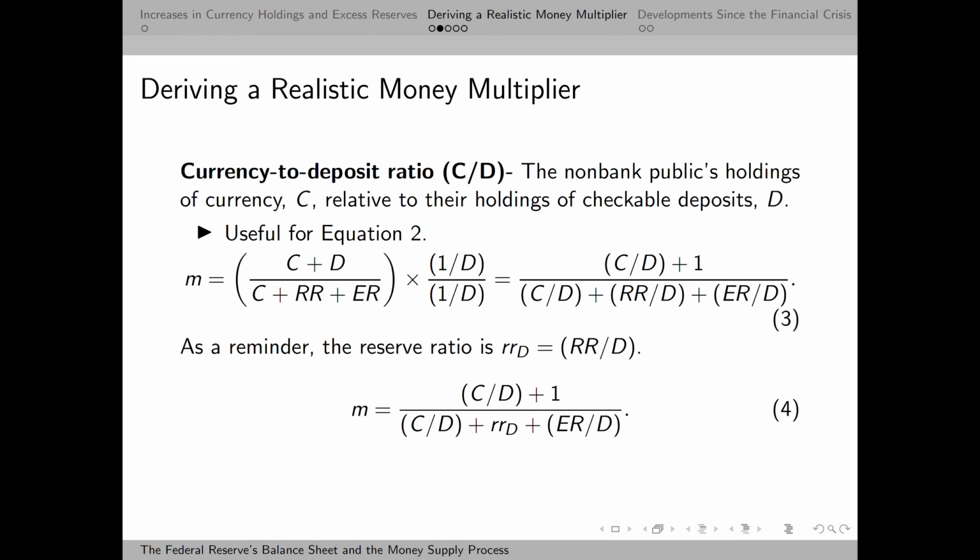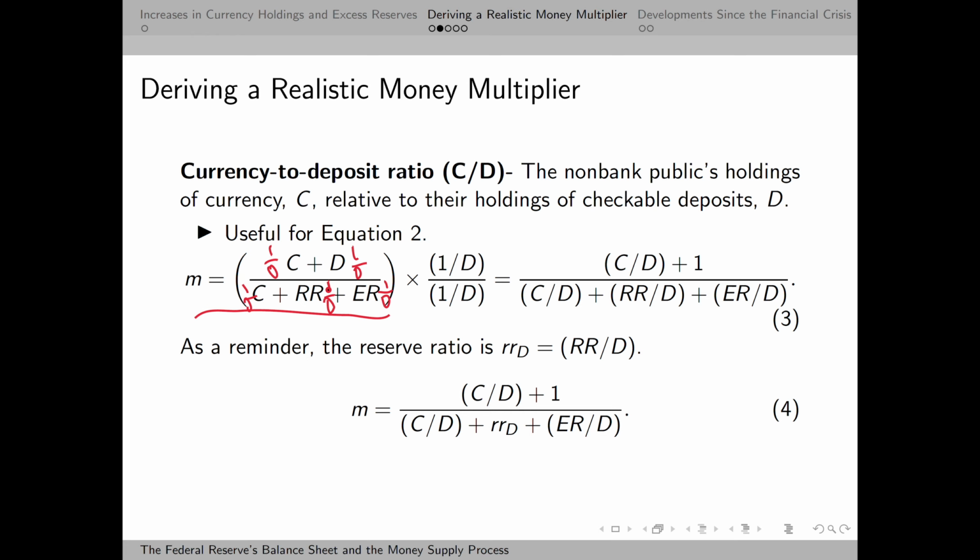So let's return to equation 2. Right here is the exact same equation that we had in equation 2. What we're going to do is multiply every single term by 1 over D. So 1 over total deposits. We're going to do 1 over D times C, 1 over D times D, 1 over D times C, 1 over D times required reserves, and 1 over D times excess reserves.